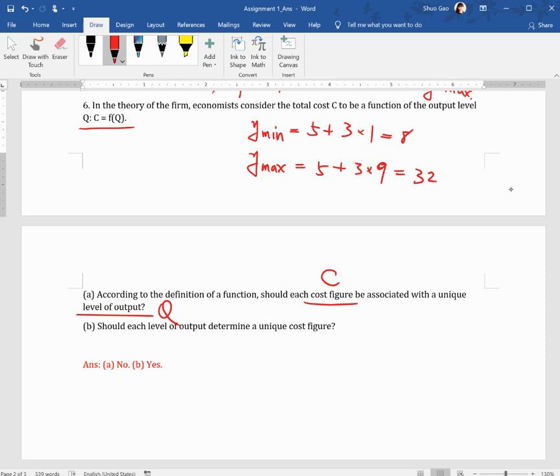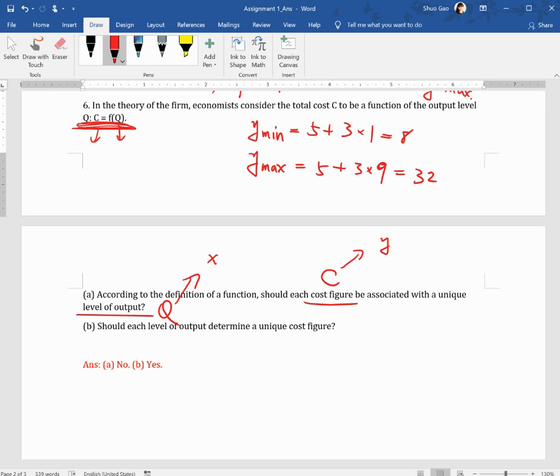So C is the y, or the dependent variable in a function, and Q is the x, or the independent variable, right? When we write the function like this, C is called the dependent variable, and Q in f of Q is called the independent variable. So C is a function of Q, right? When Q changes, C also changes, right? Okay, so C is y and Q is x.